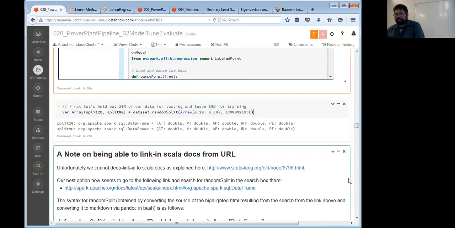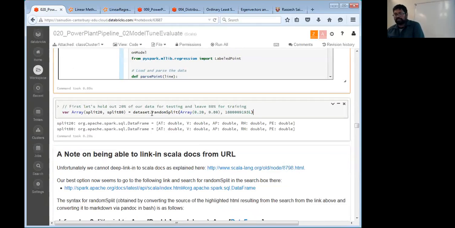So now let's split that data set using this random split function into 20% and 80%. You have to pass in an array to say what fraction you want. And then I'm passing in a long here because this is the seed of the pseudo-random number generator that will be used by this random split method.